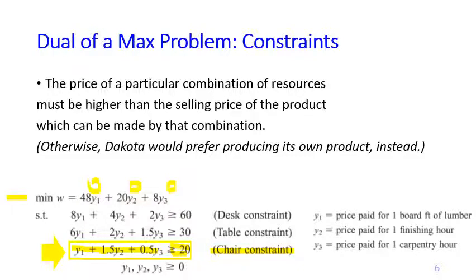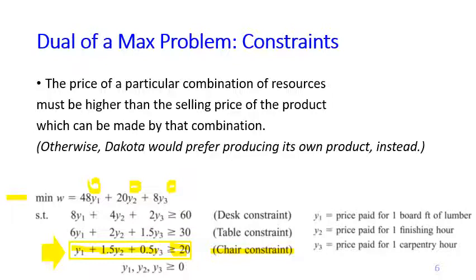Why is this the case? Well, if the price that the person is willing to pay for 1 unit of lumber, 1.5 finishing hours, and 0.5 carpentry hour is less than 20, then Dakota will say, I will not sell these resources to you. I will prefer to use those resources to produce a chair.